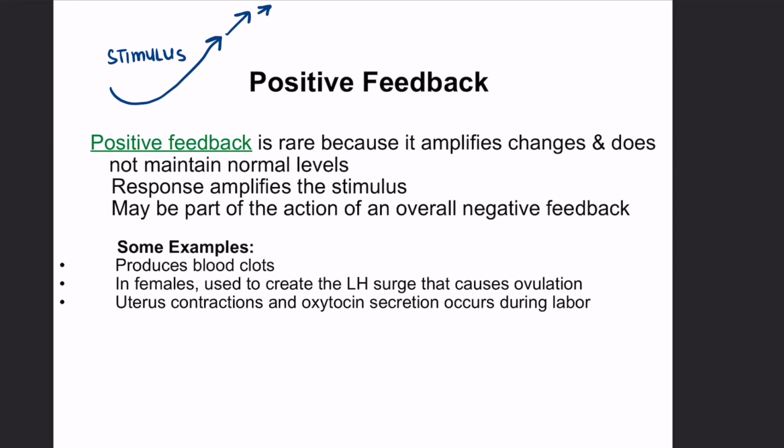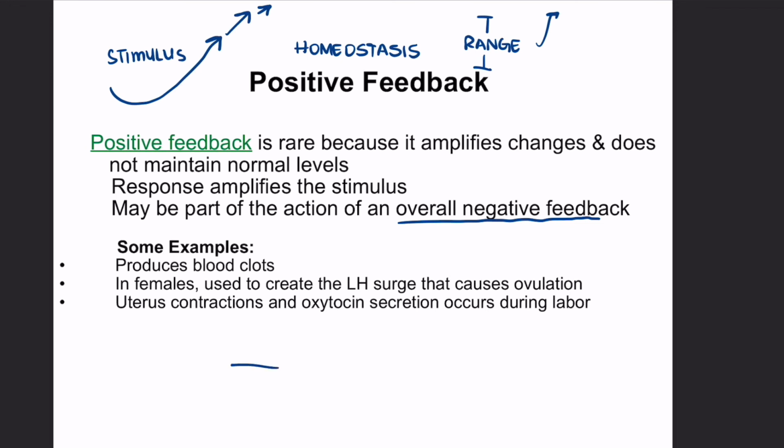And this may seem wild and crazy because this is not actually pushing our body back towards homeostasis. It's not pushing our body back towards that dynamic constancy within that range, right? It's kind of pushing it outside of that range. But this positive feedback is usually part of an overall negative feedback. And let me give you an example of that.